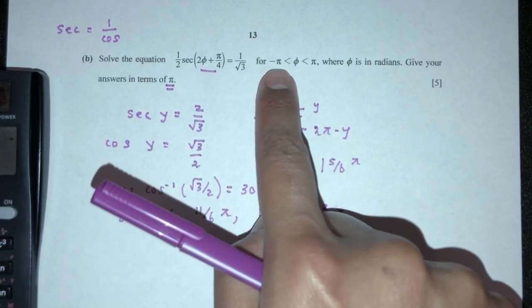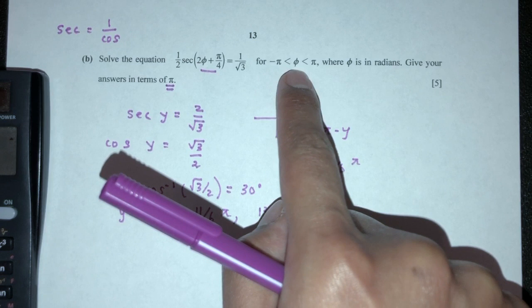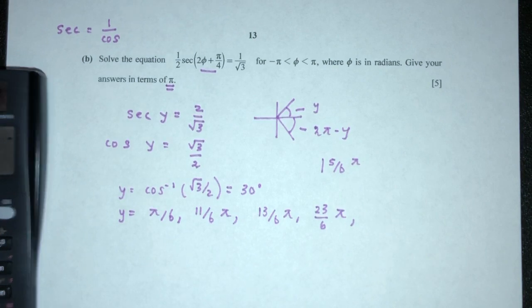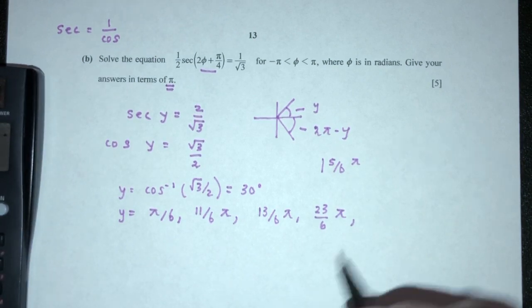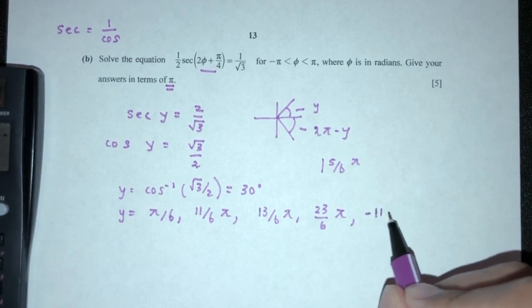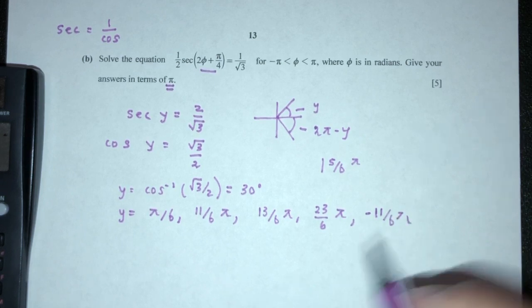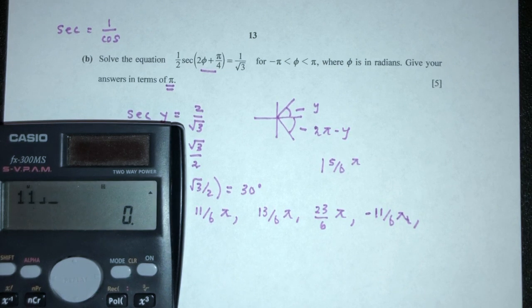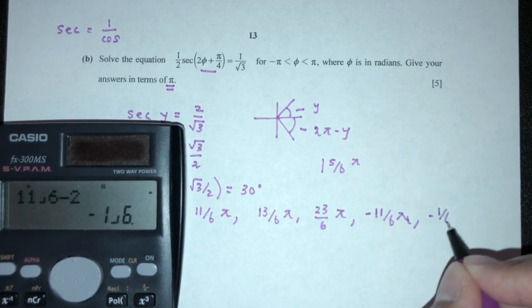Now, because we also have a negative side for the value of this, let's try to minus 2 pi to these two values. You may also have 1 over 6 minus 2, that should be minus 11 over 6 pi, and this one, 11 over 6 minus 2, that should be minus 1 over 6 pi.